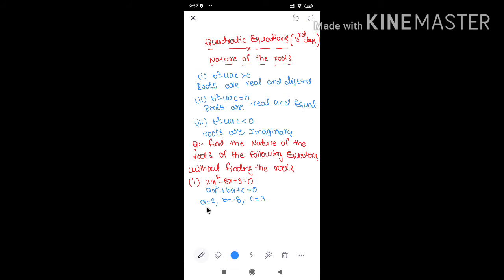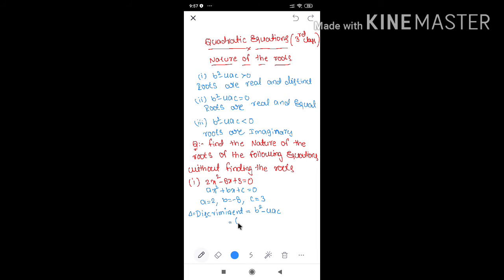So here the discriminant, b² − 4ac, is also called the discriminant, and in general we can represent it as delta, right?